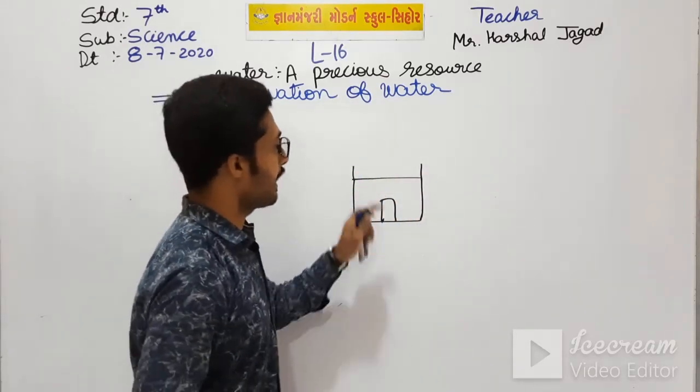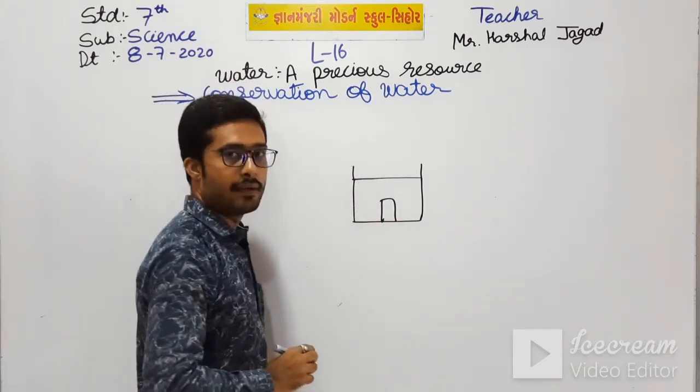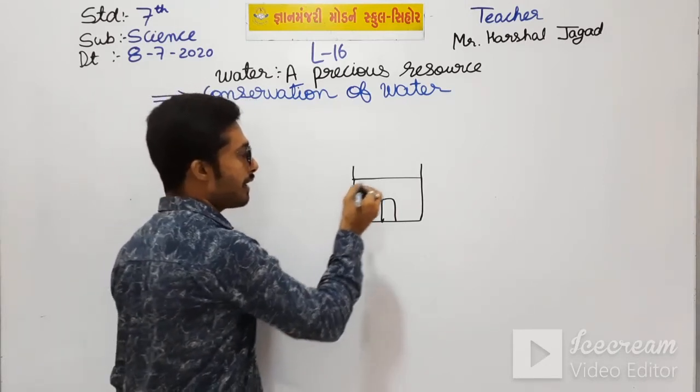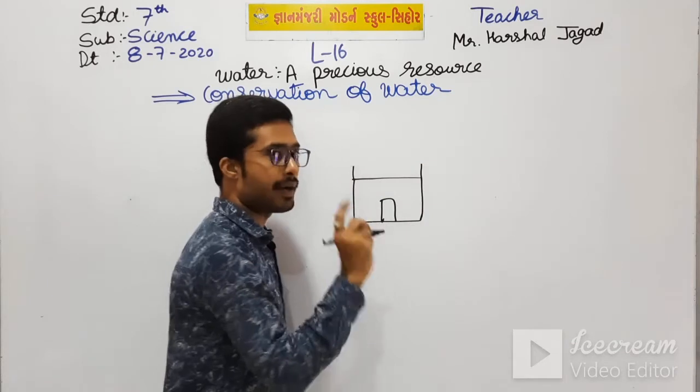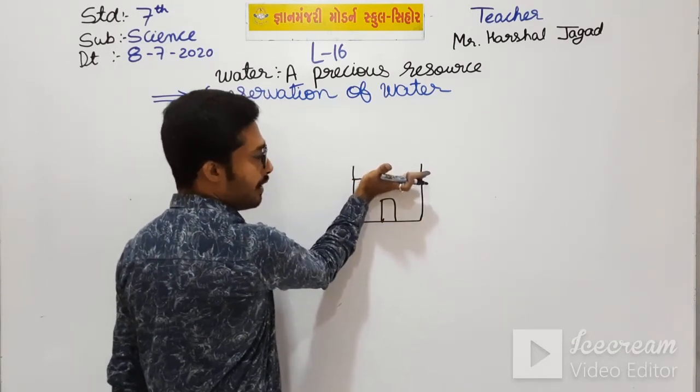This is the terrace of a home, and the builder has built the terrace so that all the water flows in one direction.